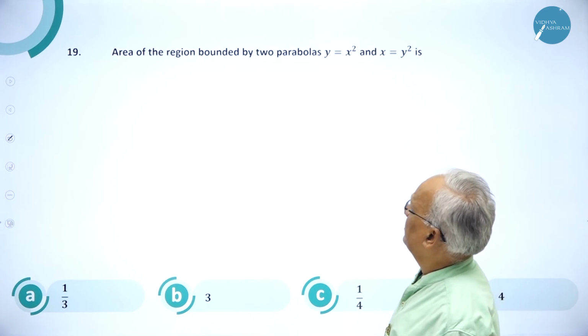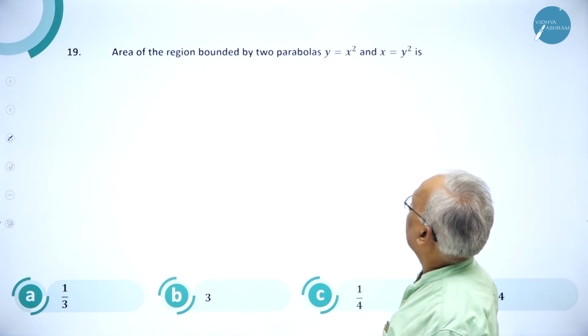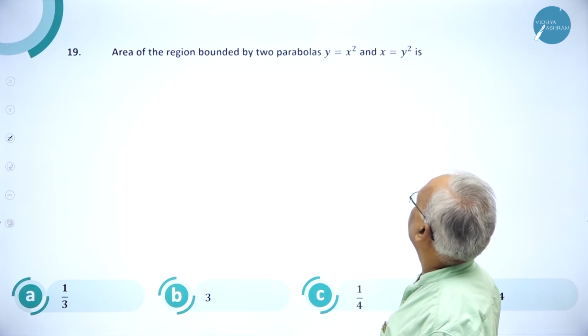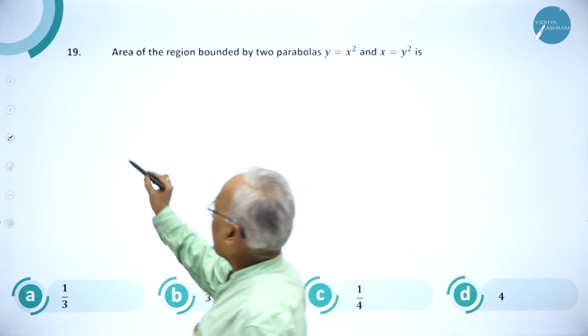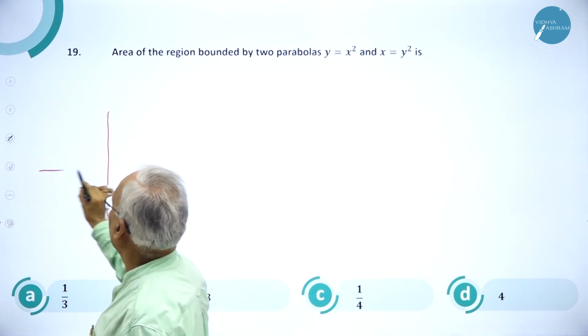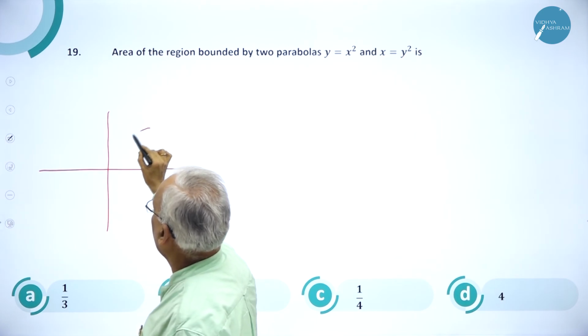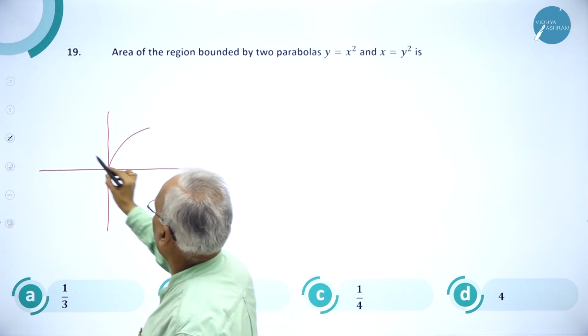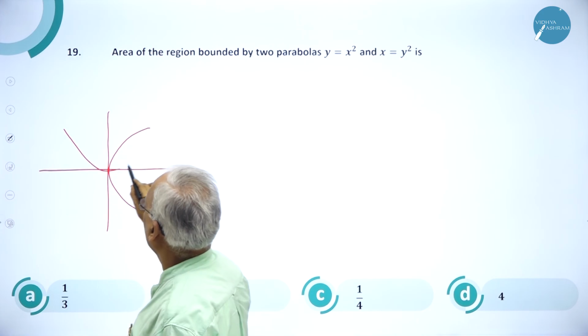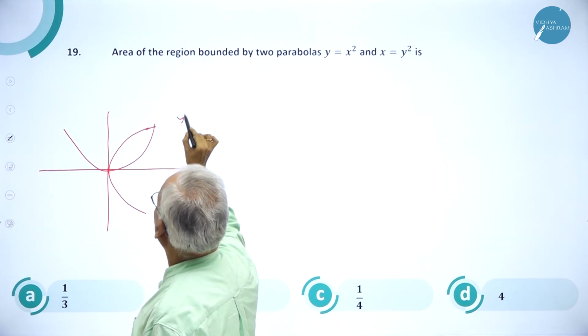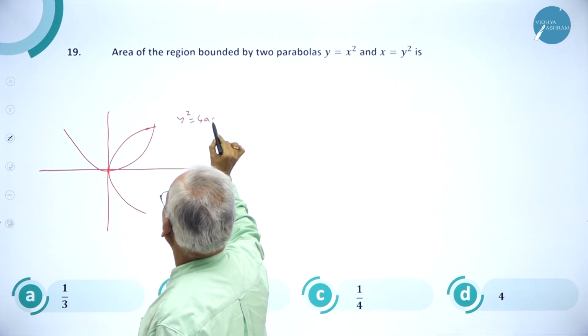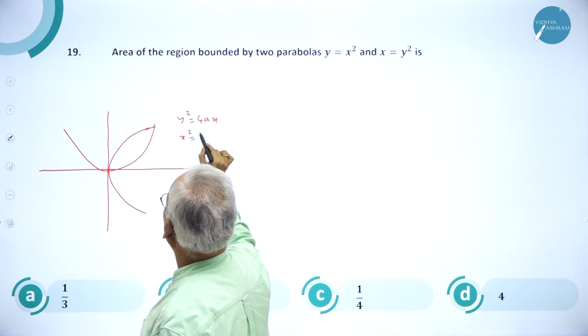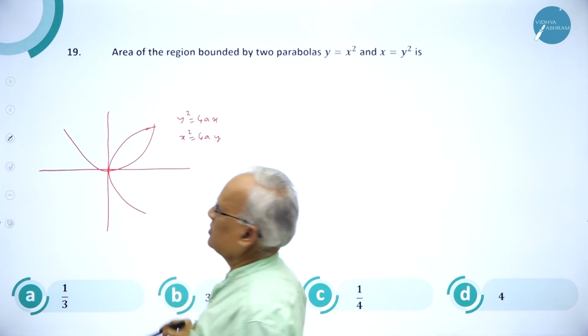Area of the region bounded by two parabolas y equal to x squared and x equal to y squared. See, this is a standard problem. You have two parabolas, y squared equal to 4ax and x squared equal to 4ay, the two parabolas.